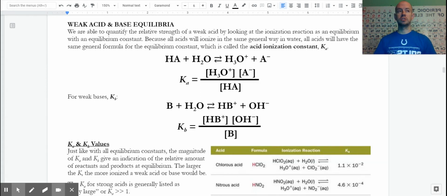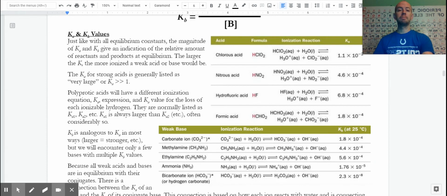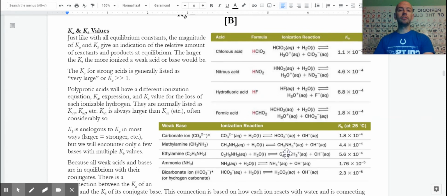But those K values are the way that I can quantify how strong or weak it is. We've talked about it in terms of molecular structure. We've talked about it in terms of conjugate acids and bases, what's stronger and weaker. But Ka and Kb are how we turn that into numbers. So we've got some sample equations and numbers down here. All of these you'll see are specific versions of the two equations we looked at up there as Ka and Kb.